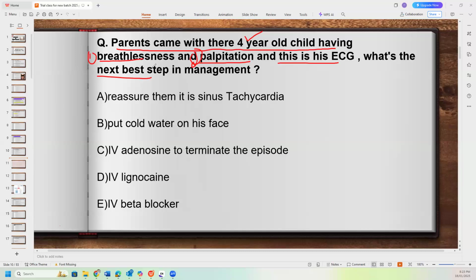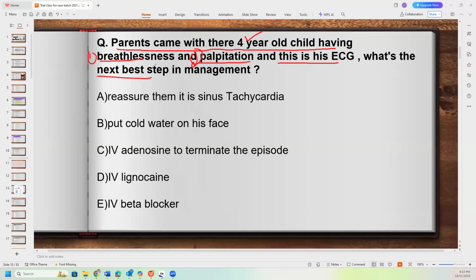Sometimes they will use these words, which are very common in the AMC MCQ exam. What is the next best step? When they are asking you about the next best step, they are asking you about the best thing that you can do that can save this person, right?